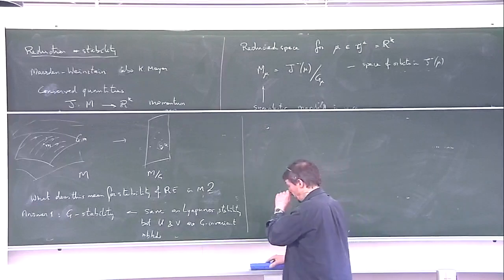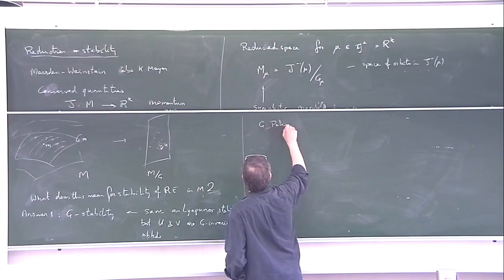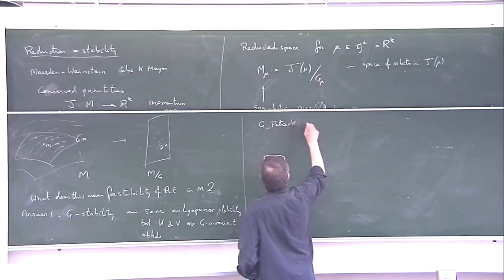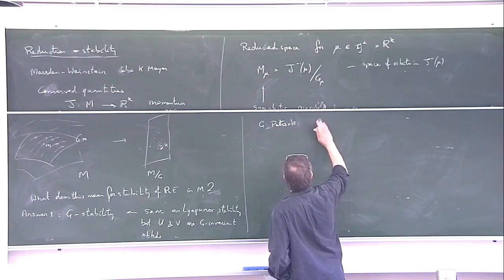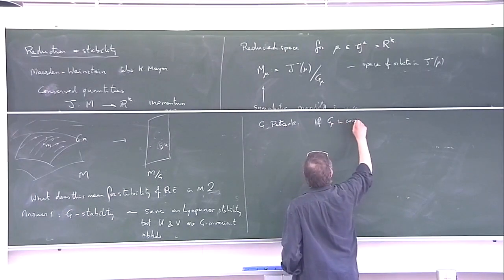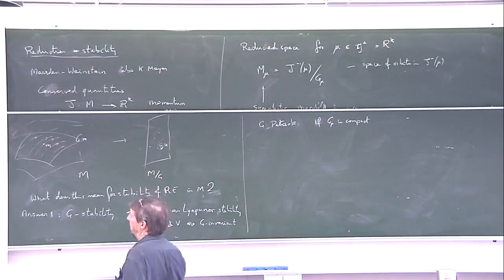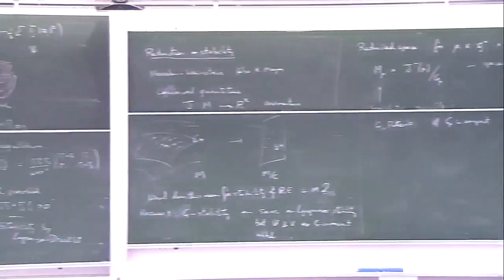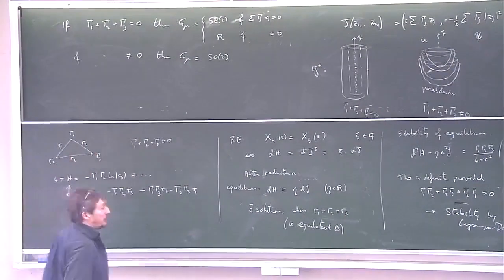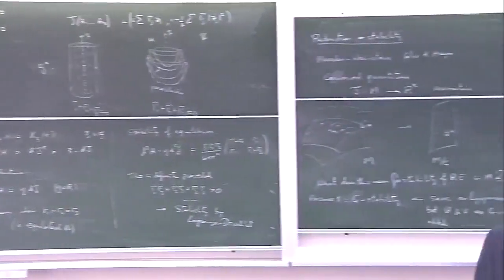And that's a nice theorem of George Patrick. If G mu is a compact group, so if gamma 1 plus gamma 2 plus gamma 3 is not 0, then G mu is just the rotation group SO2, so it's compact.